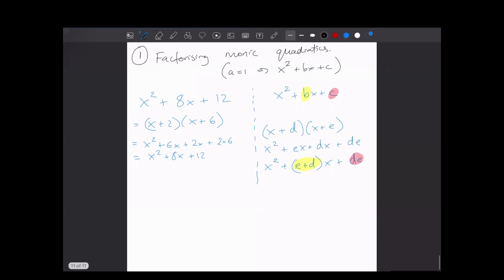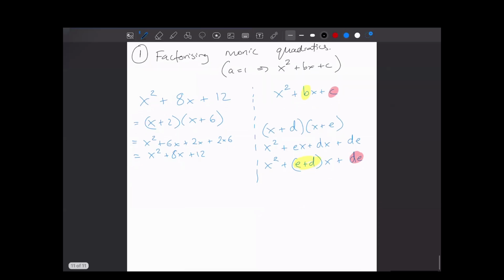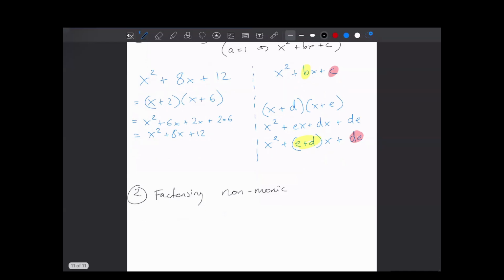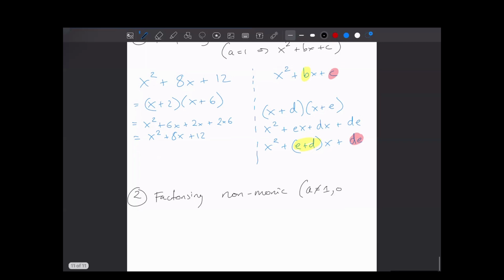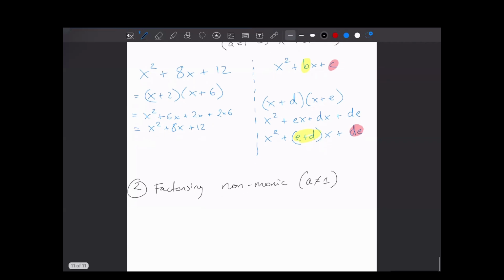Now, factorizing non-monic is trickier. This is when basically a does not equal 1. And technically it's not 0 as well, but yeah.